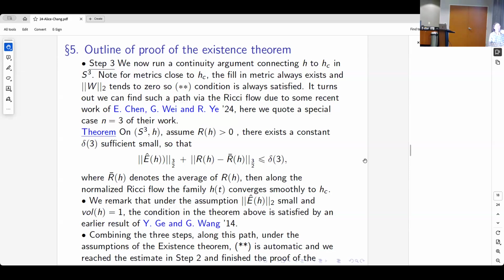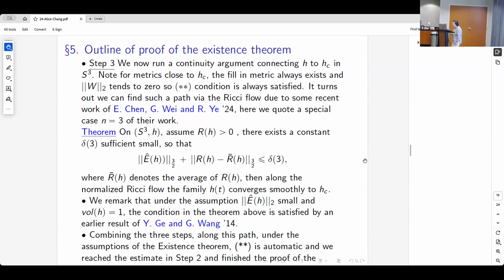But suppose the scalar curvature is positive, then if the L3 norm is small, along the Ricci flow, it converges uniformly in any topology. If you assume H has C4, then it's in C4 topology down to HC. So applying the result, we can connect the path. And in our original assumption, we assume this E hat H L2 norm is small, but it turns out this small implies that small in 3 dimensions.